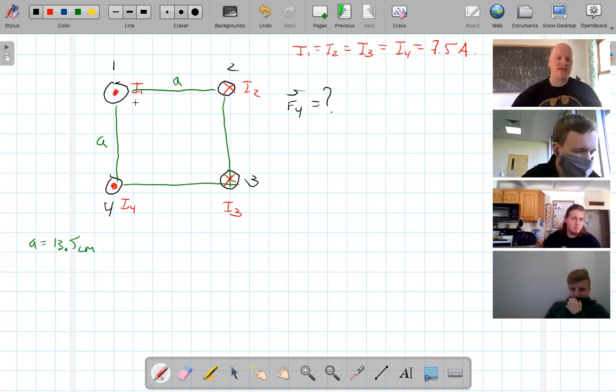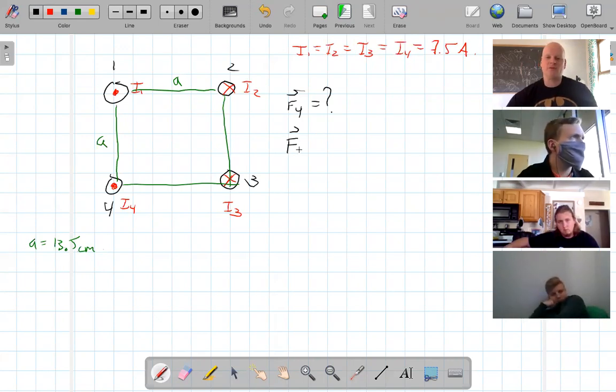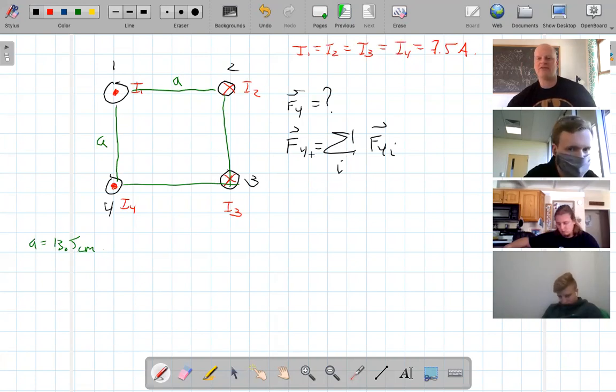Well, it turns out that the force on each one of these wires then is simply equal to the addition of all of the forces between the pairs of wires. Right? So this is going to abide by our superposition principle, which means the force on wire 4 then is going to be equal to the sum over i of the force on wire 4 by all the other wires. So all we're going to do then is consider the force between each one of the pairs, sum them all together in a vectorial fashion, and then that gives us a total amount of force.